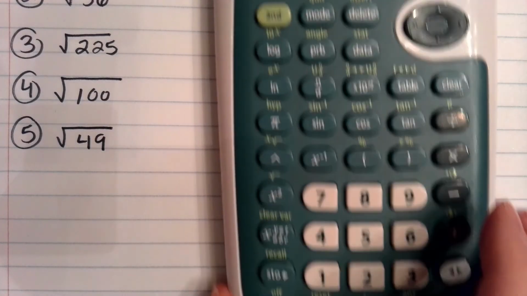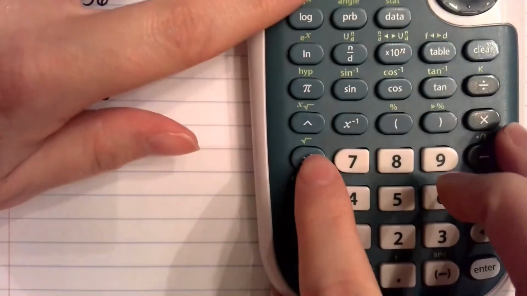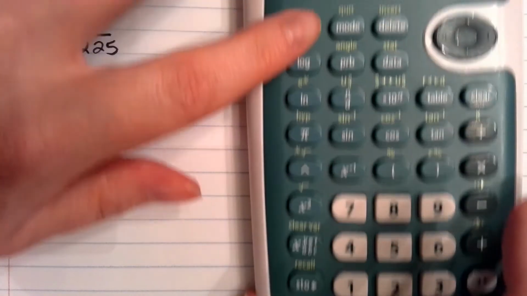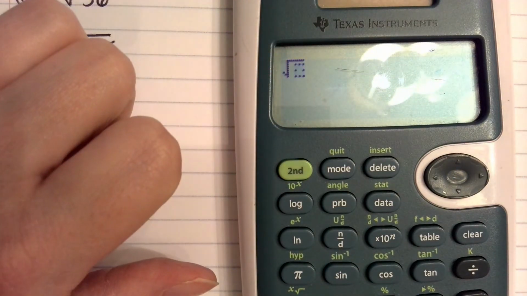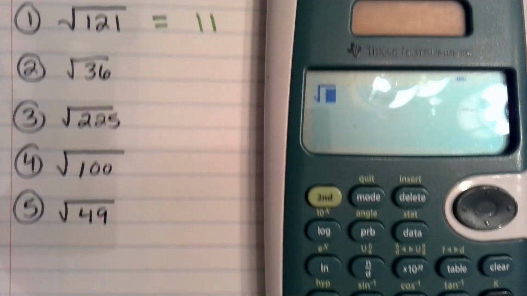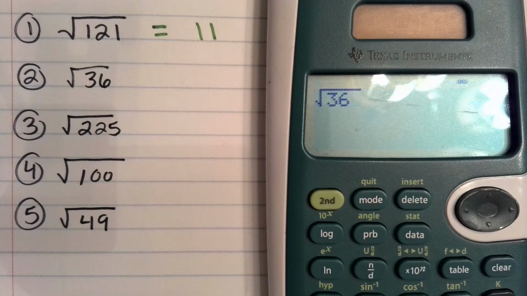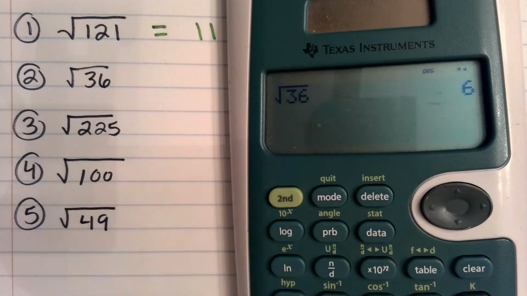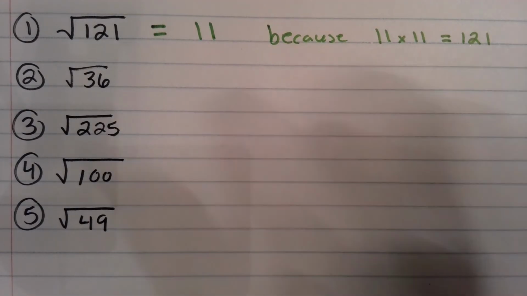So what you have to do is hit the second, and then hit the square root sign, and it'll pop up square root and it'll have a box inside. Okay, so for problem number 2, I want the square root of 36. I could type in 36 and then hit enter, and it gives me 6 as my answer, because 6 times 6 does equal 36.